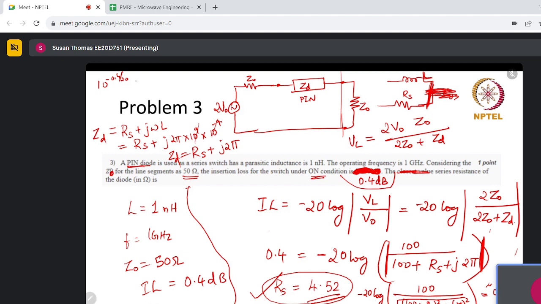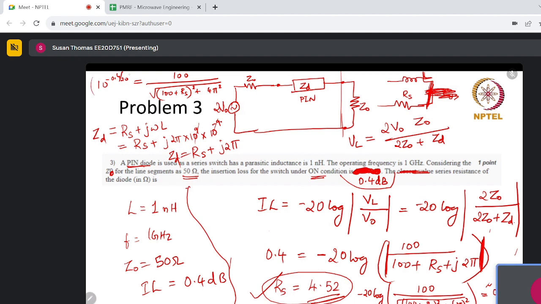Okay, so then equate it to 100 by square root of (100 plus r) whole square plus 4 pi square. Now take square on both the sides.